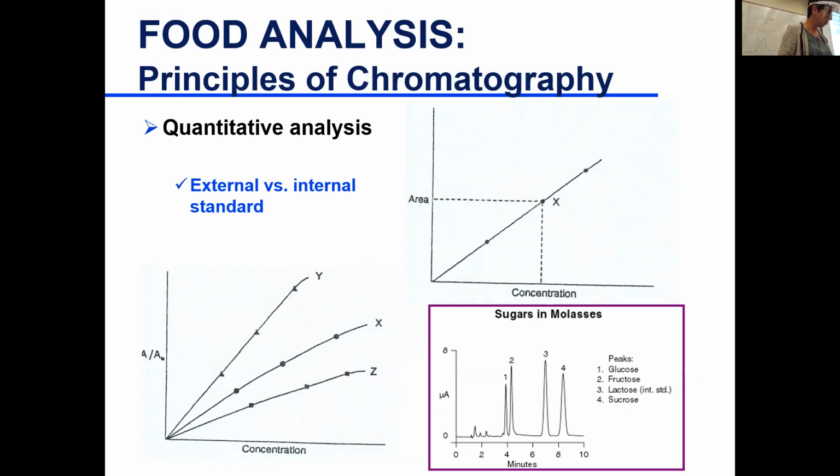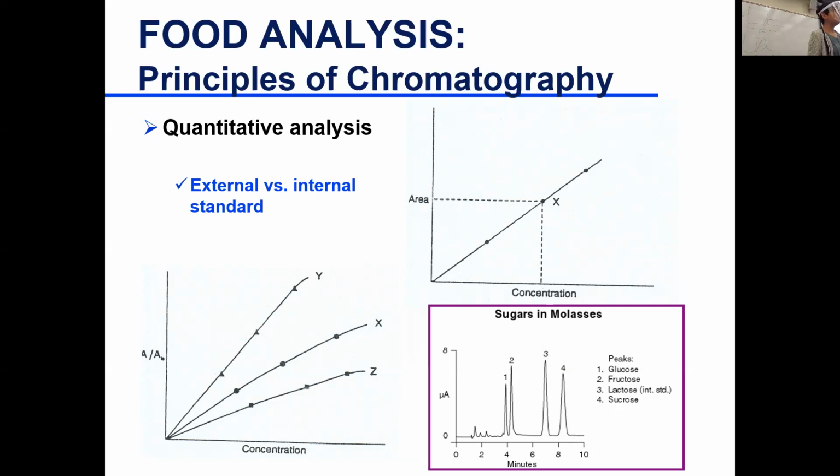So what is external and what is internal? External meaning a standard you prepare outside of your sample, not with your sample. So you prepare standards alone and you run them alone of each of your compounds of interest. So that's what external is.